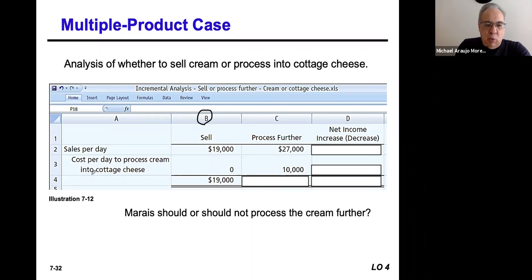However, we would need to spend another $10,000 to process the cream into cottage cheese. And so that really becomes a cost for the cottage cheese product, which would reduce the profitability of that product from just selling the cream.